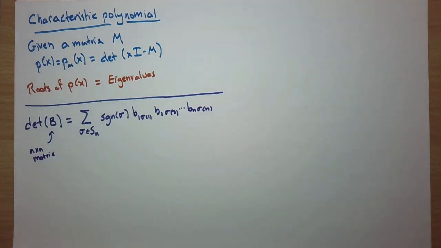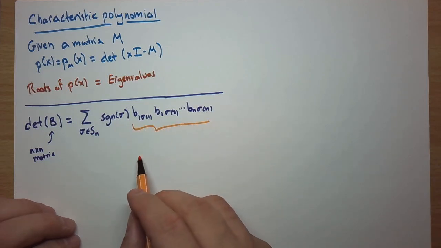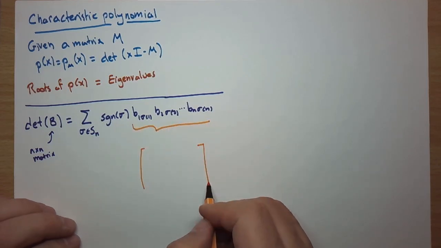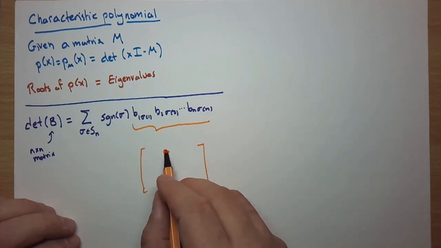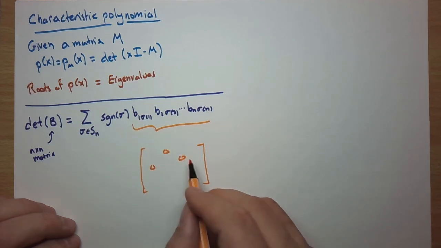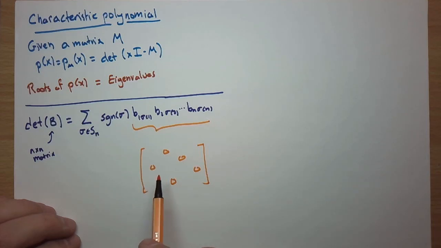Now, if you're trying to think about what's going on here, what we're really doing in our matrix is taking a collection of entries: one entry in each row and one entry in each column. And we're doing that in all possible ways. I think these are sometimes called the traces.